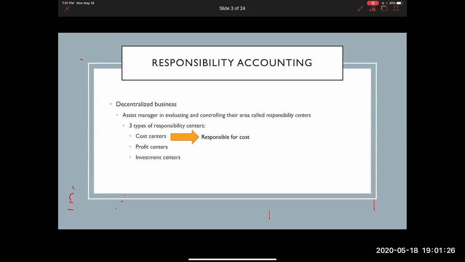All right, now profit center is a little more responsibility. Under this particular responsibility center, the manager is in charge of revenue and cost. Now, again, I have some experience from this perspective. When I was working at my prior company to Fender, called Cargill, we were a distribution center for protein.